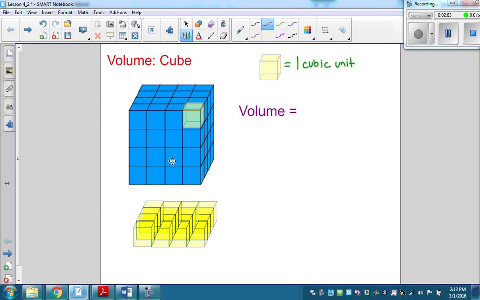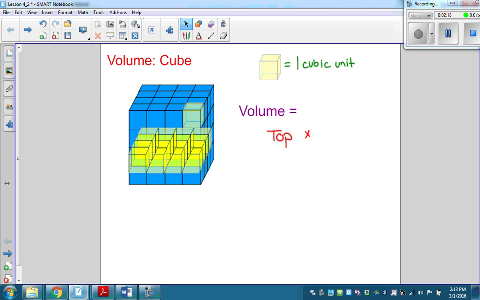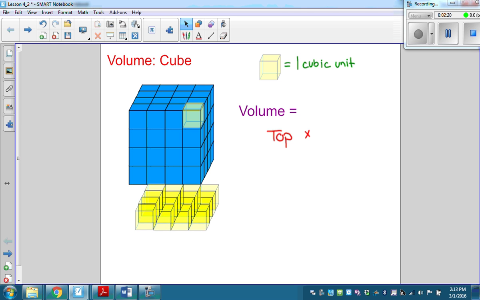So if I think of volume as how many cubes I could put on the top, multiplied by how many levels there are? 4. There's this level, right? And then that level, and then that level, and that level. There's 4 levels of 16.